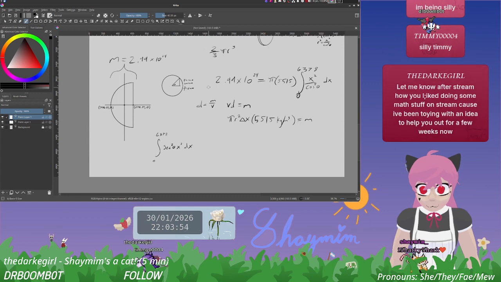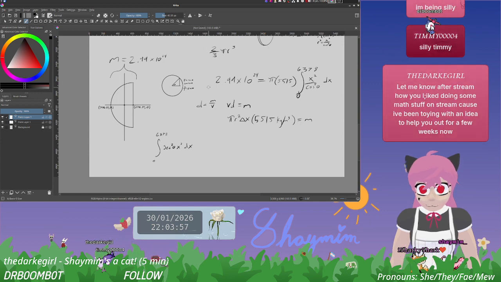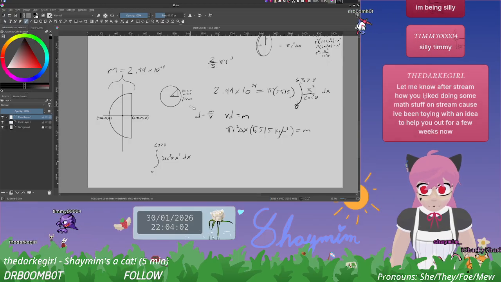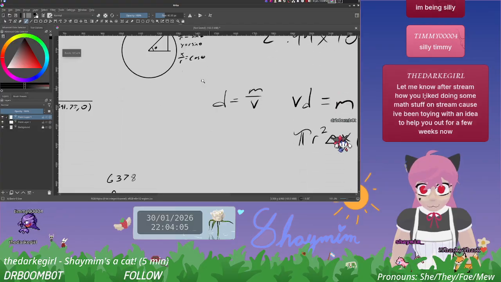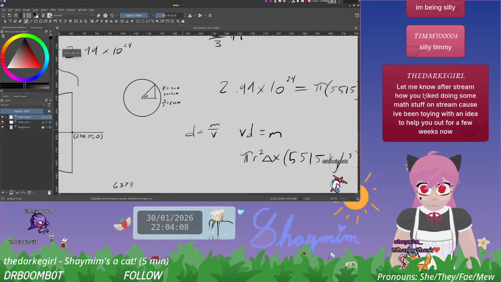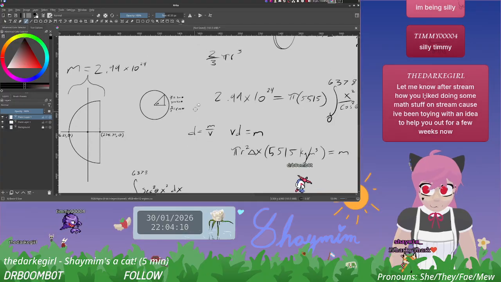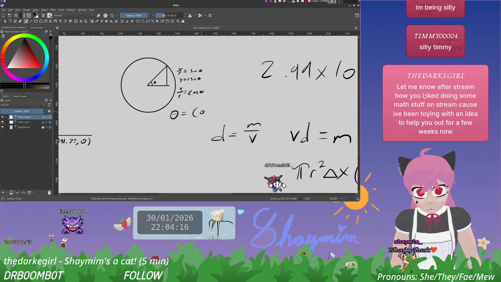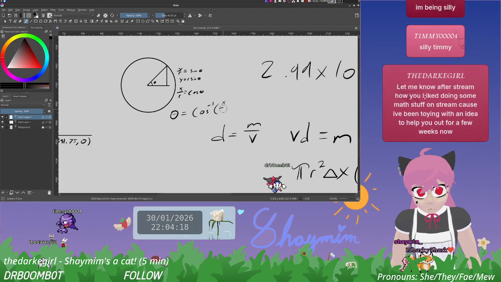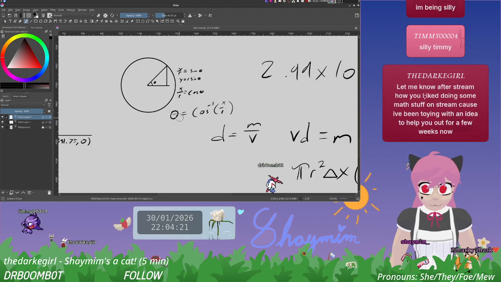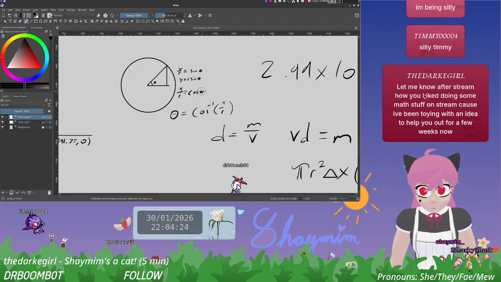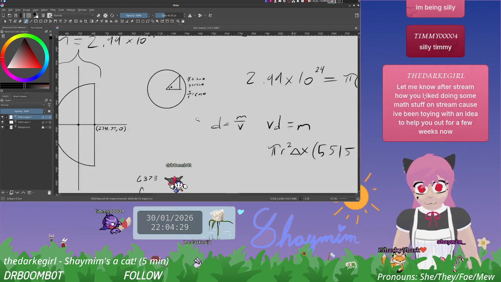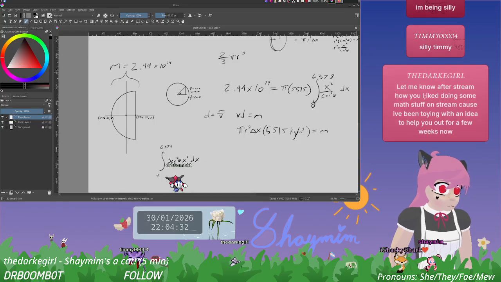I guess we could say that theta equals the inverse cosine of x over r, right? But then, if we put that in there for this theta, we'd basically just be saying x over r equals x over r, right? So I'm not quite sure what I meant to do.